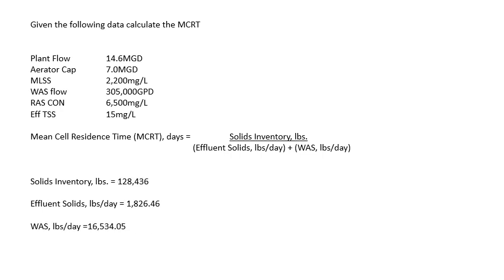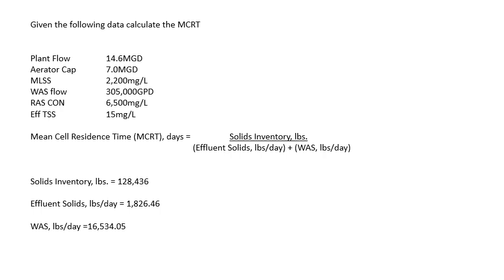So your solids inventory is 128,436 pounds. Your effluent solids pounds per day is equal to 1,826.46, and your WAS pounds per day is equal to 16,534.05.